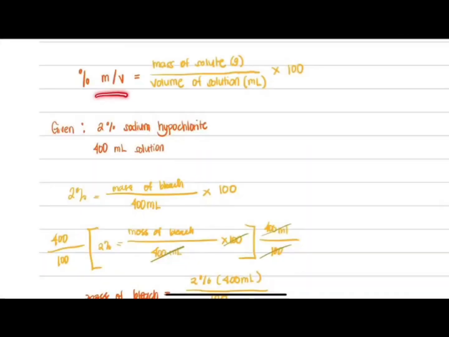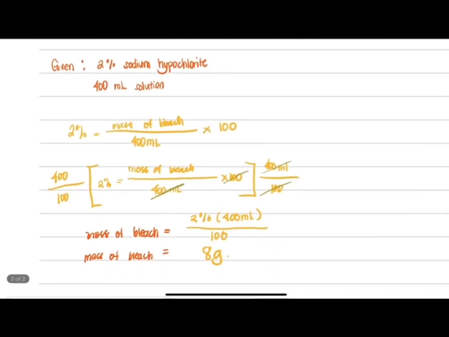Mass over volume is equal to the mass of solute in grams over the volume of solution in mL times 100. So, let's say your bottle says 2% sodium hypochlorite in a 400 mL solution. So, 2% is equal to the mass of bleach over 400 mL of solution times 100.